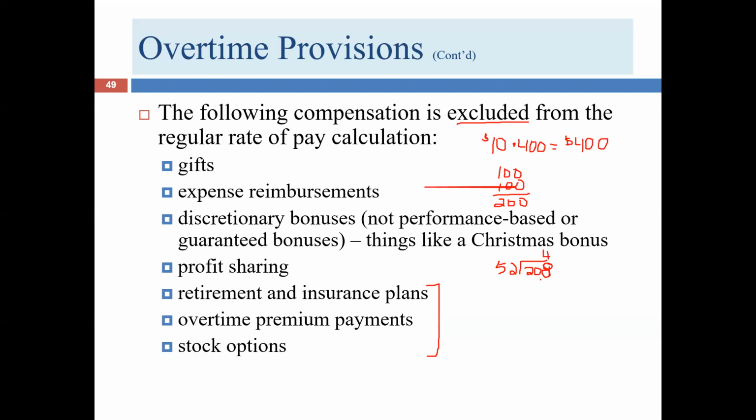So 52 times 4 is 208. Each one of these awards is 104, and so in combination they're 208.